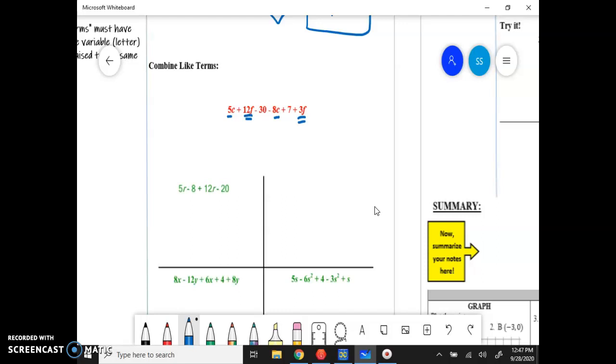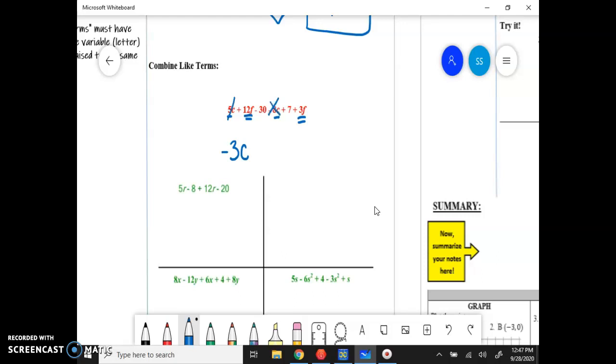So let's first combine our C's. So I've got 5 C's and 8 negative C's, if you want to think about it like this. One thing you can do is just ignore the C's, know that we're talking about C's, and then just type in your calculator, 5 minus 8. Well, 5 minus 8, we're going to go past 0 and get to -3. So we're left with -3C.